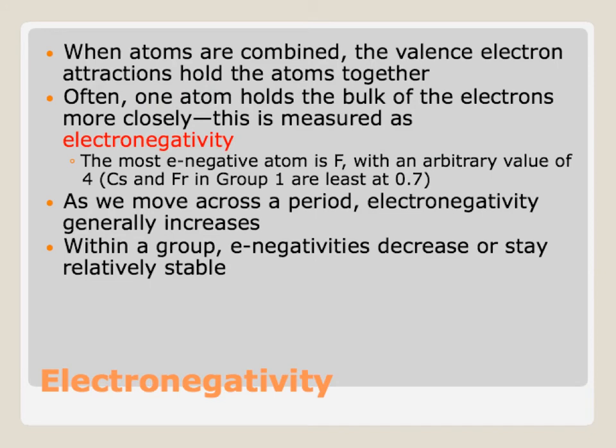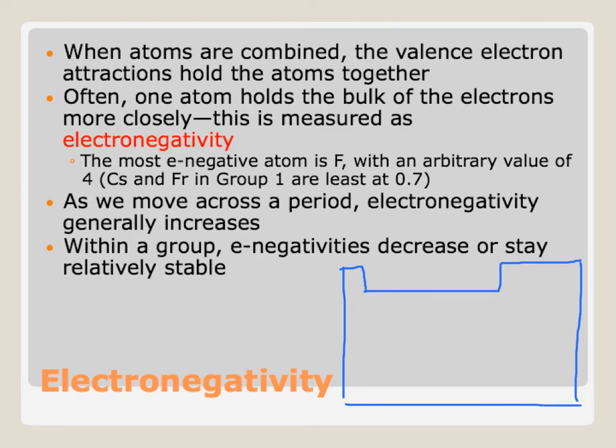Electronegativity. So electronegativity is another description of how much the element holds its valence electrons, how tightly it holds them. So it tends to be that the more valence electrons an element has, the more tightly it holds those electrons.